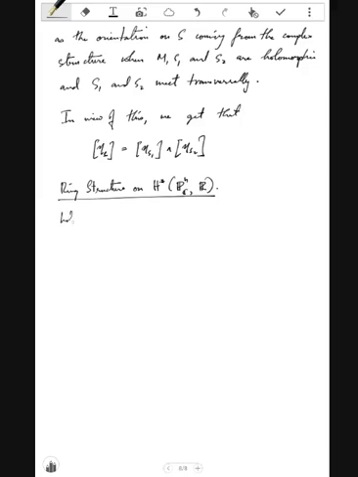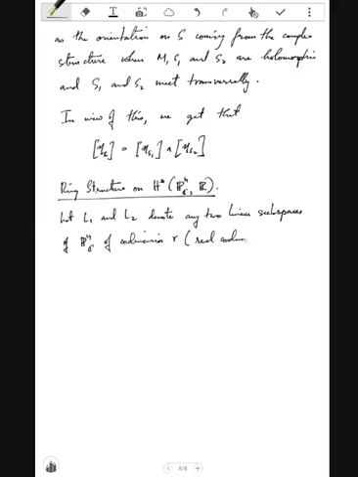So let L1 and L2 denote any two linear subspaces of codimension R, so that is real codimension 2R.